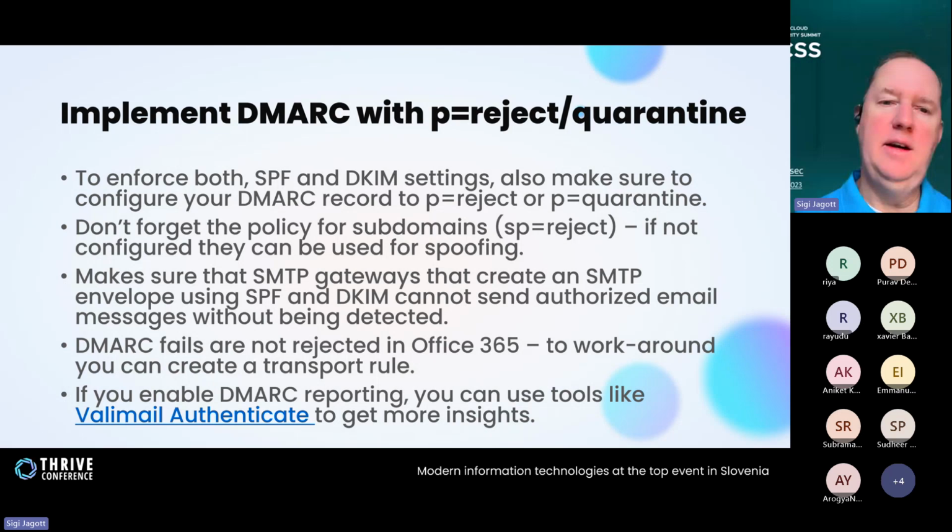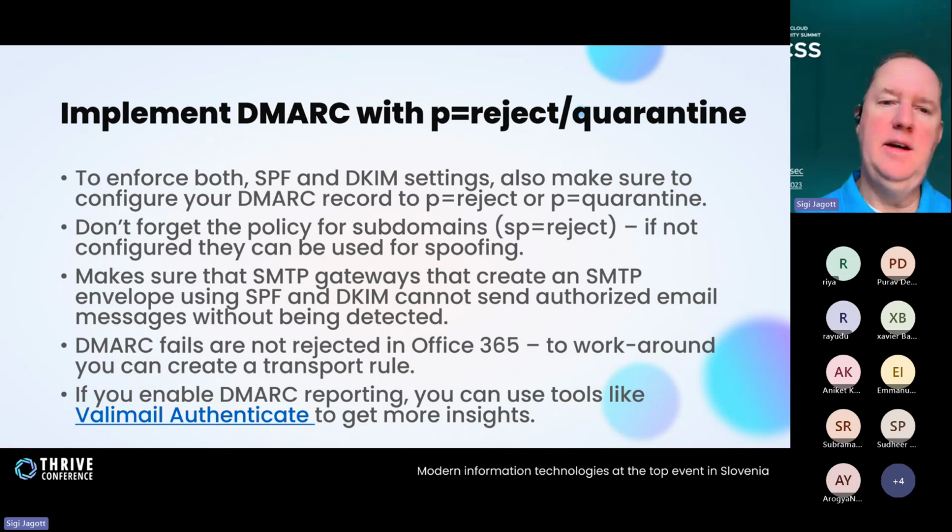And well, DMARC fails are not rejected in Office 365 right now. The basic rule of Exchange Online Protection is to basically not reject any email without a clear reason. So even if the sender says DMARC fails, with p equals reject, Office 365 won't reject them.